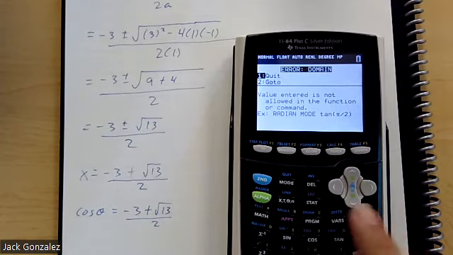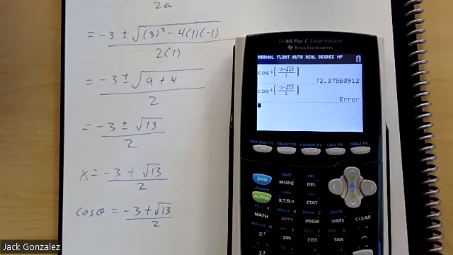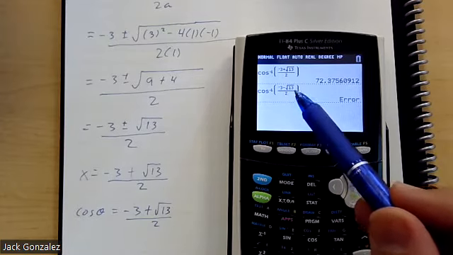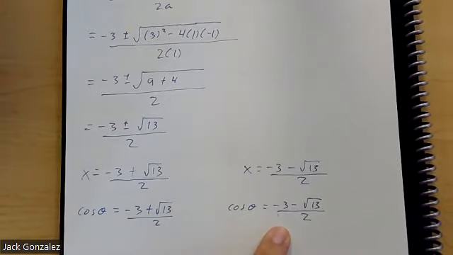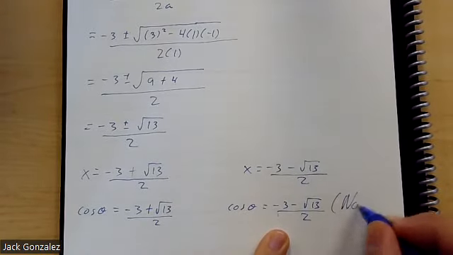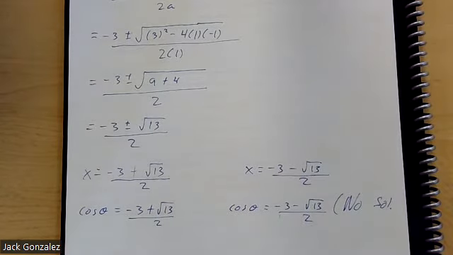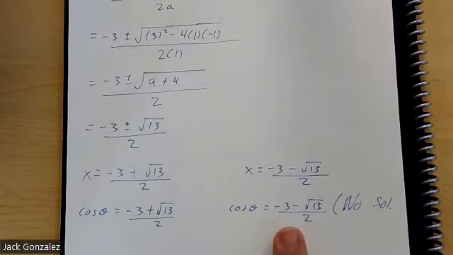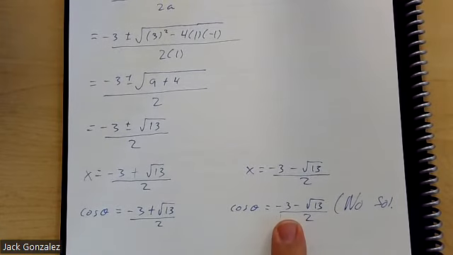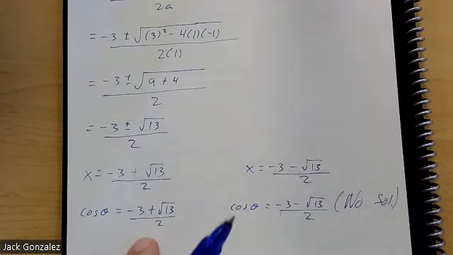So that means that this has no solution, this guy, because this is outside the range of the inverse. It's too negative. It has to be between -1 and 1. This is less than -1. It's like negative 3 point something. If you want to know what number that is, plug it in, but it is below -1. So I can't use it.